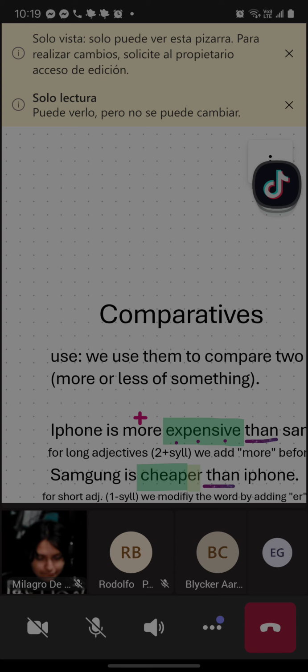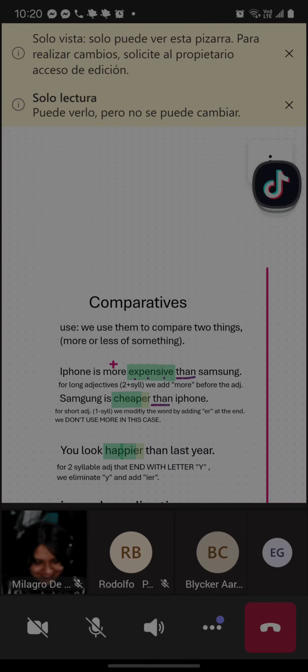And another one. We have irregular adjectives. Bad: the comparative of bad is worse. Good: the comparative of good is better. Far: the comparative of far is farther.